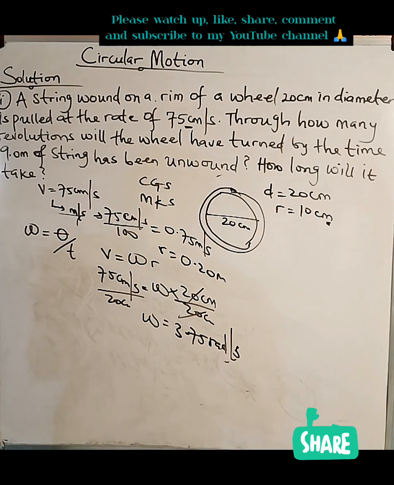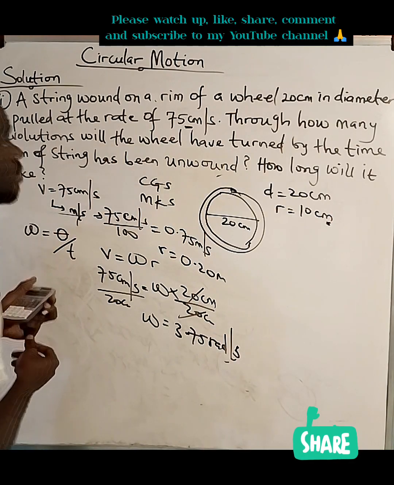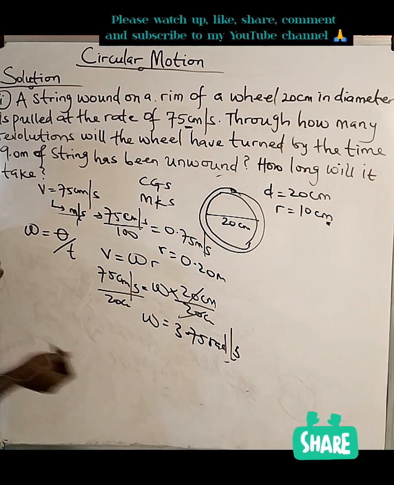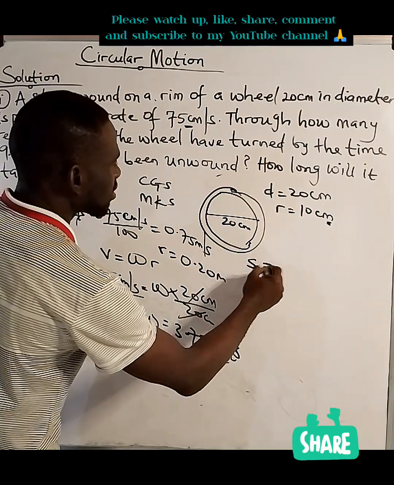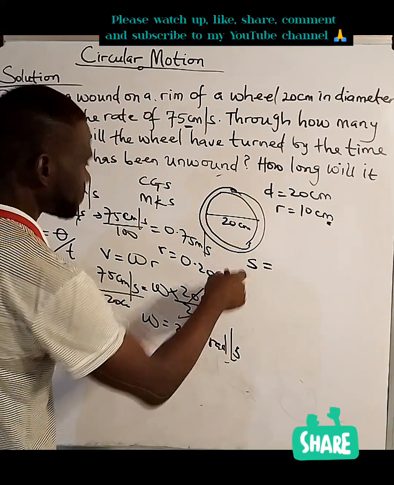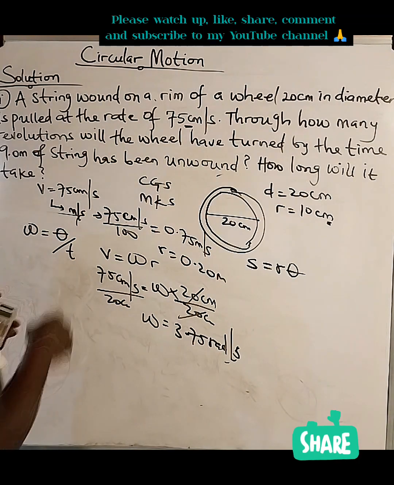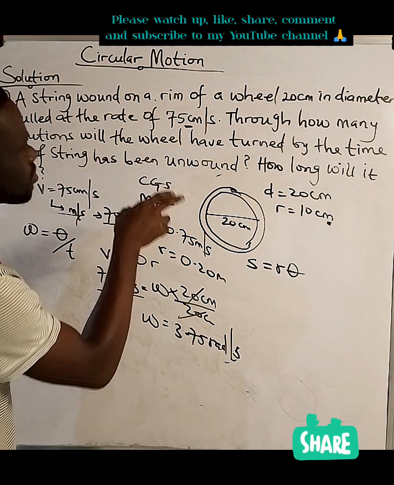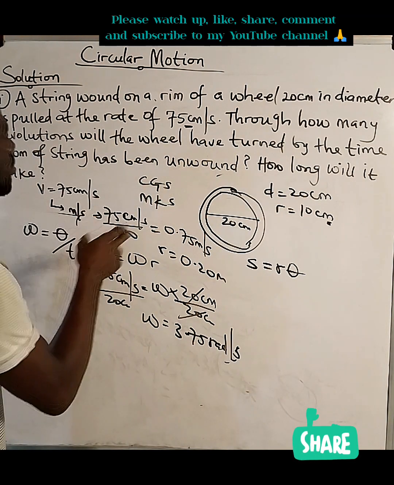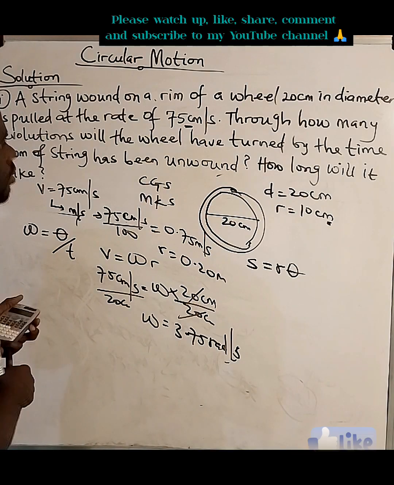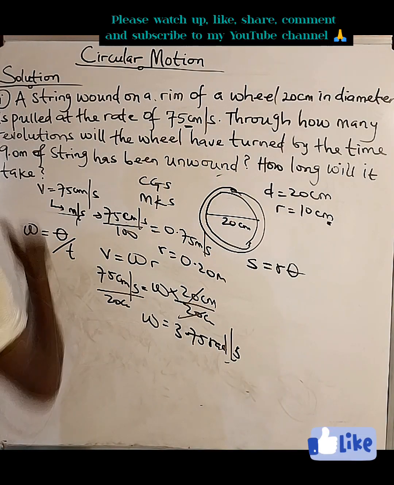We got our angular displacement already, but it's taken off, so let's quickly get it back. This is the linear distance. Don't forget, we have a string wound on a 20 centimeter radius pulled at the rate of 75 centimeter per second. Through how many revolutions will the wheel make a 9 meter distance?